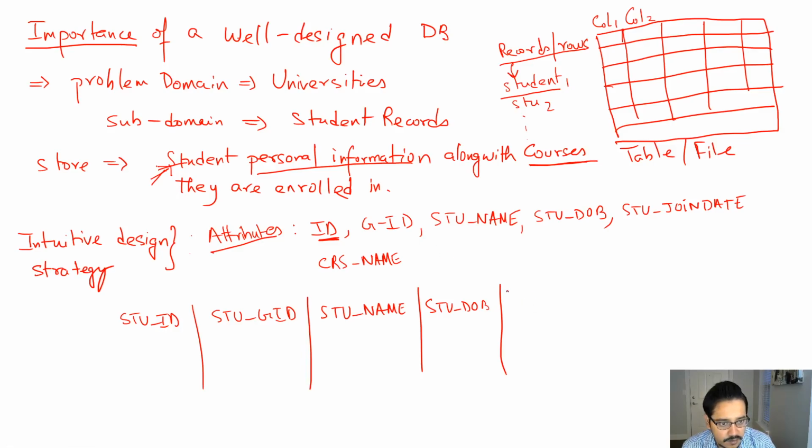Reduce it a bit just for the sake of simplicity, and let us just say course name. So this is our intuitive strategy.